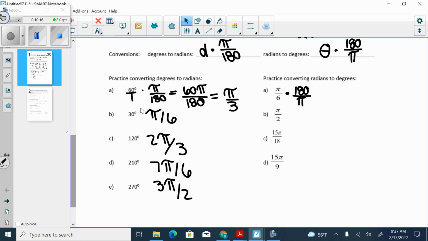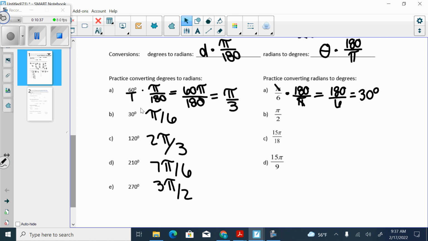I'm going to multiply across the bottom and get 6 pi. And what's going to happen to the pi? Right, they're going to divide out. So I could go ahead and cross them out from the beginning and then realize I'm just going to have 180 over 6, which would simplify to, very good.